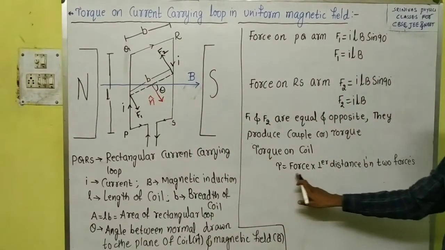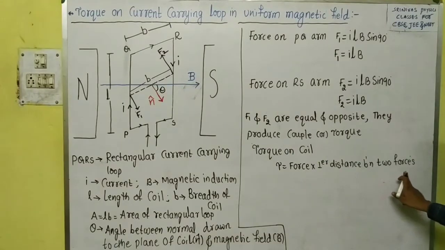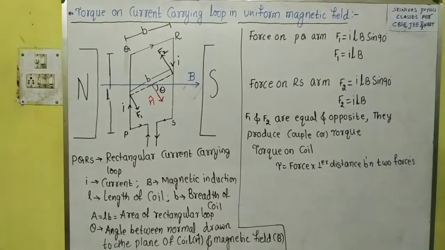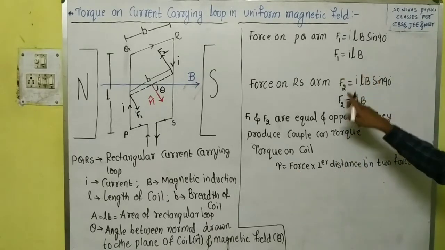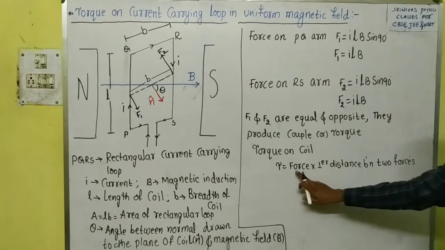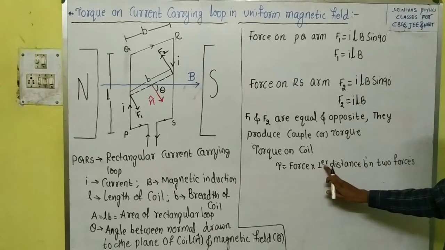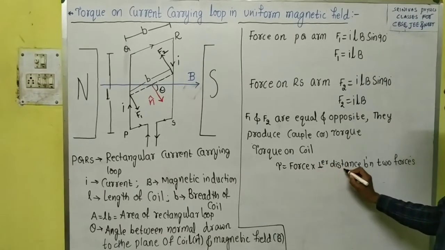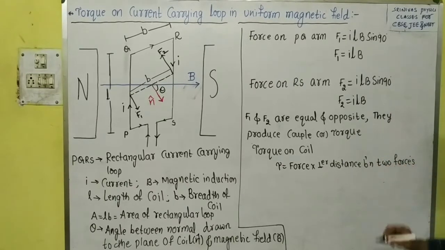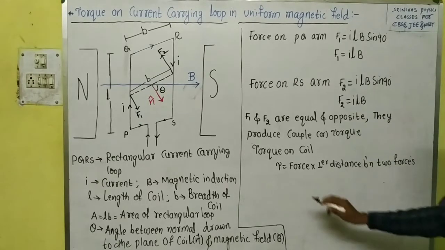Then how to derive the force? Already we know, that is F1 or F2, ILB. But the perpendicular distance between the two forces we want. Force into perpendicular distance between two forces. This is the formula for torque.